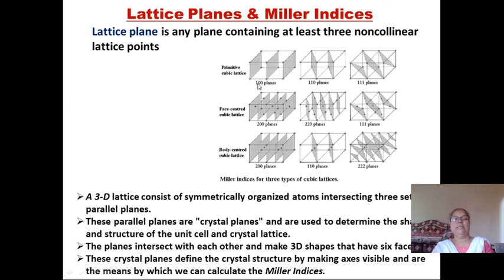This plane is a 100 plane, and you know a 100 plane means it cuts only one axis, and that plane remains parallel to the other two axes. Then in case of this 110 plane, that plane cuts two axes and it remains parallel to the third axis.